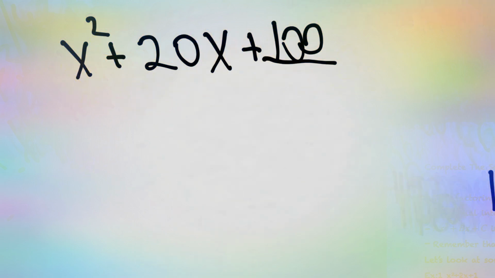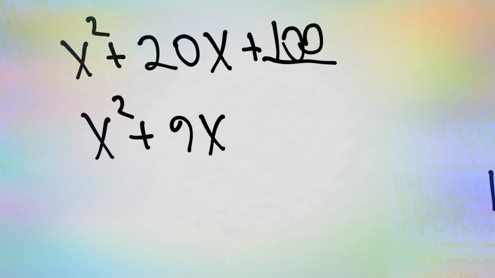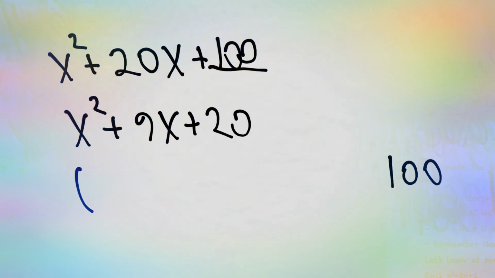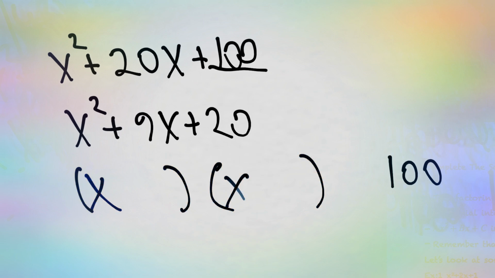Because if I look at this, for example, if I do another one and factor this out, it's going to be x plus 5, x plus 4.